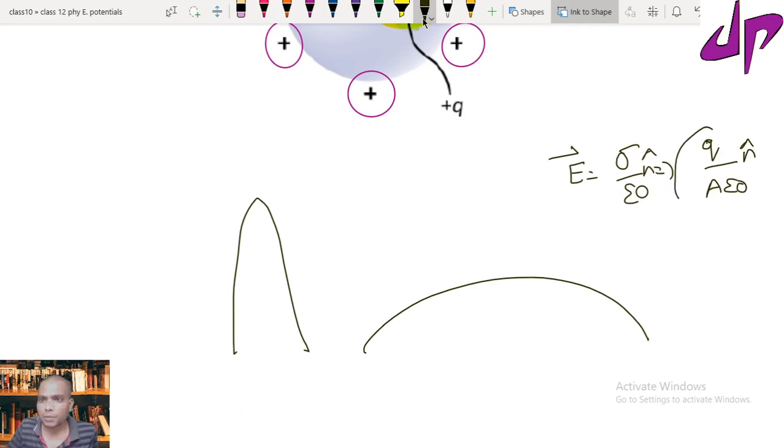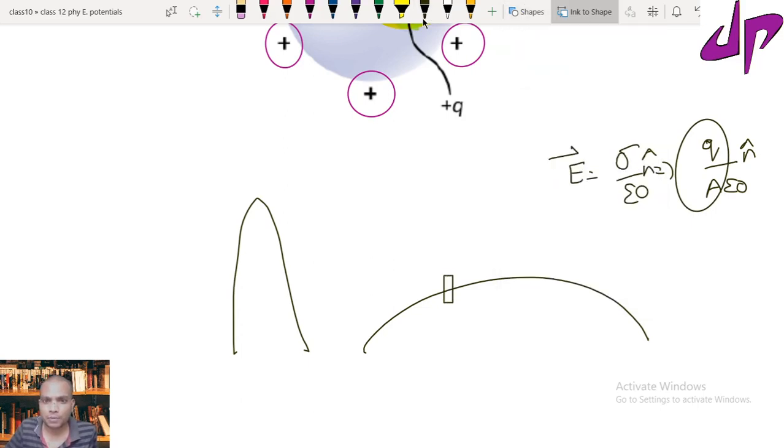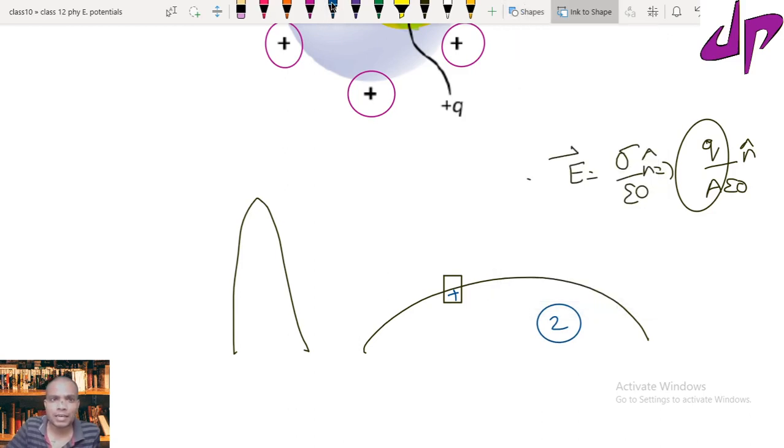Now, charge per unit area. Suppose you take a unit area here, and compare it with this unit area. Within the area, how much charge is located? On the surface, suppose you take the same unit area here. In that location the charge will be more.